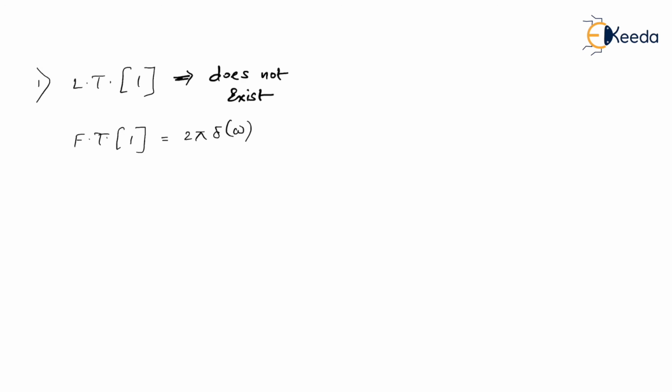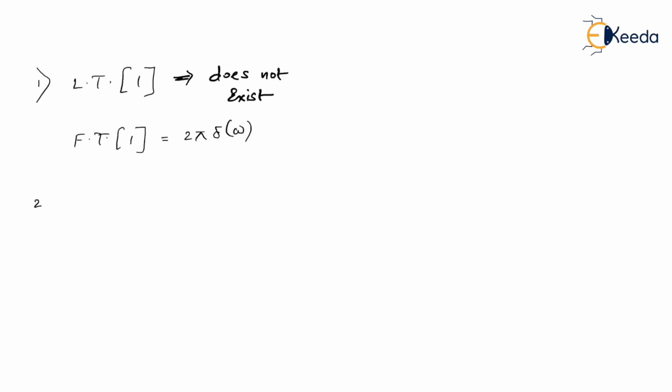Even though the Laplace transform for 1 does not exist, a Fourier transform can very well take care of it, because we started the Laplace transform on the grounds that a Fourier transform has some limitation, and therefore we move to Laplace transform. But there are a few signals for which even though a Laplace transform does not exist, that care is taken by a Fourier transform. So you shouldn't underestimate the Fourier transform.